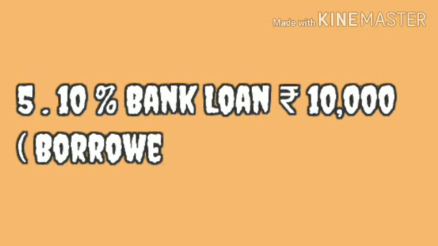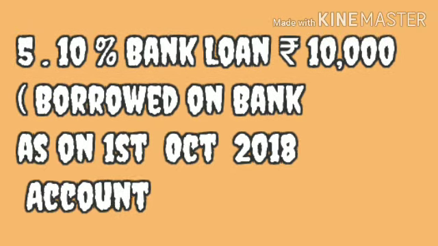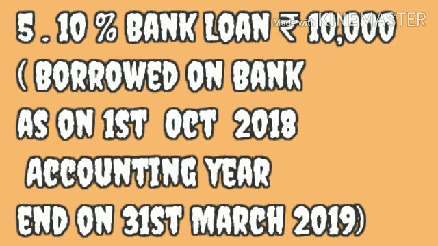Okay students, then next hidden adjustment number 5. For example, 10% loan borrowed on 1st January 2019. Accounting year ends 31st March 2019.